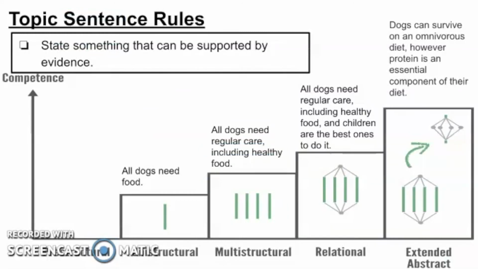State something that can be supported by evidence. So they need to be able to use a reasonable opinion. The topic sentence should state something that you think or believe can be supported by concrete evidence. So the evidence may come from research that students are doing or from the text that they are using. They need to be able to say what the evidence is that will support that topic sentence.